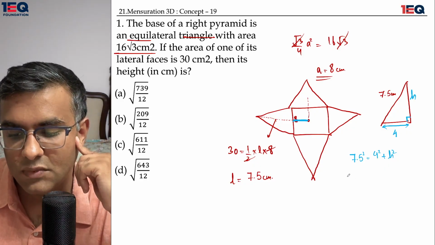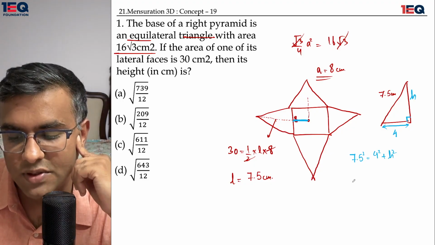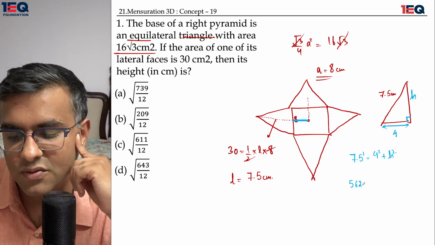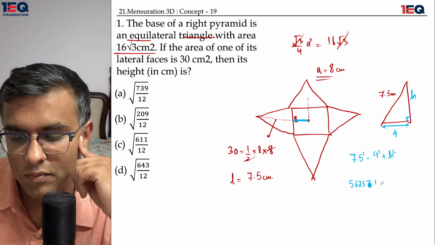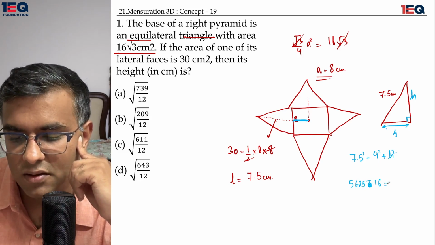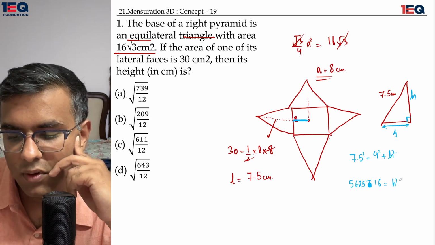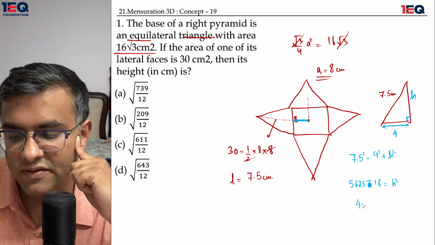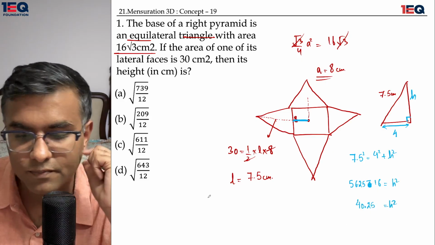So 7.5 square comes out to be 56.25, minus 16, being equal to h square. So this gives me 40.25 being equal to h square.